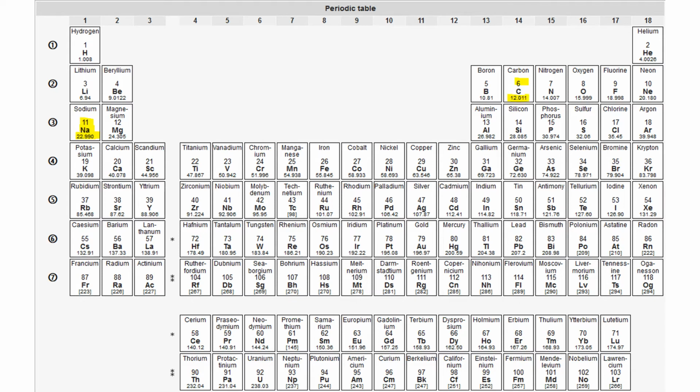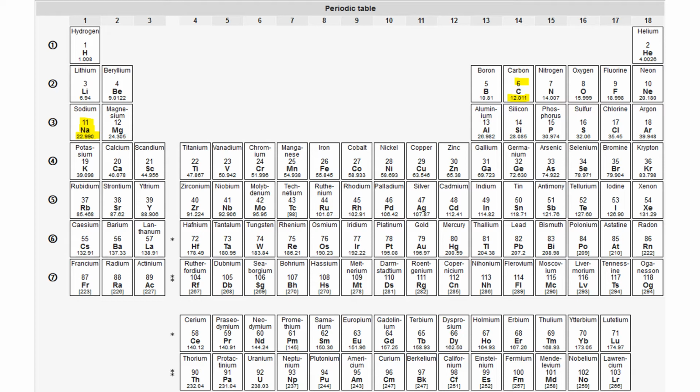The atomic mass is 12. What is the atomic mass? It's the number of protons plus the number of neutrons. So if I want to figure out the neutrons, I'm going to take 12 minus 6. So carbon has 6 protons, 6 electrons, and also 6 neutrons.